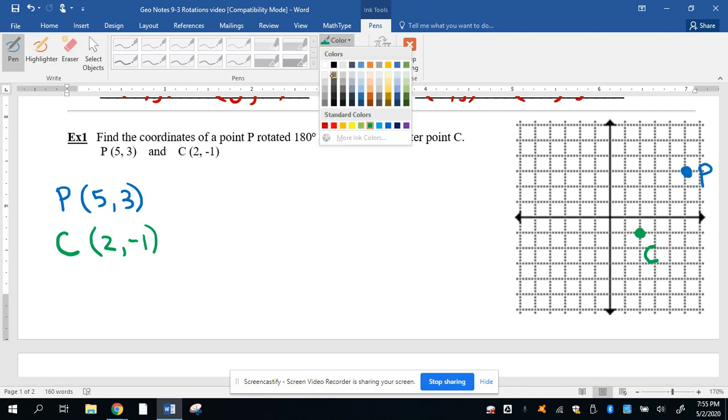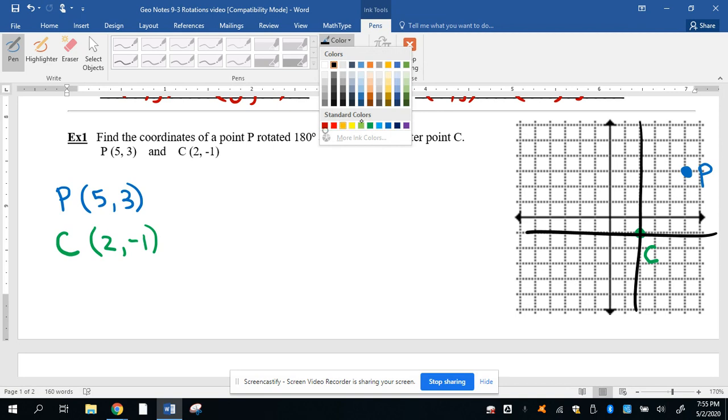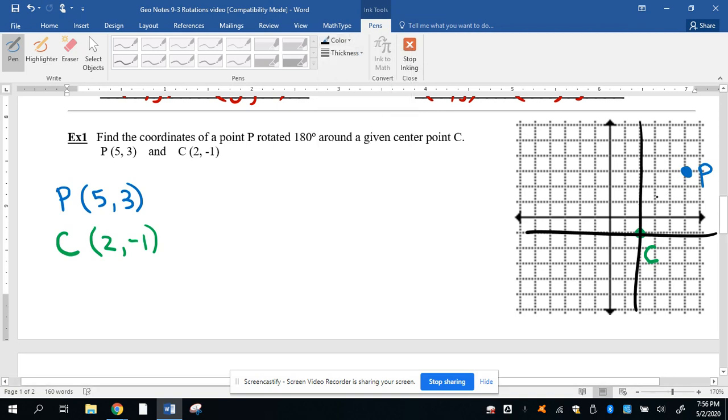Well, it's almost like we have a new set of axes, and we're going to rotate that point P 180 degrees, and I'm a little confused. I'm actually not confused, but I'm sure you are.